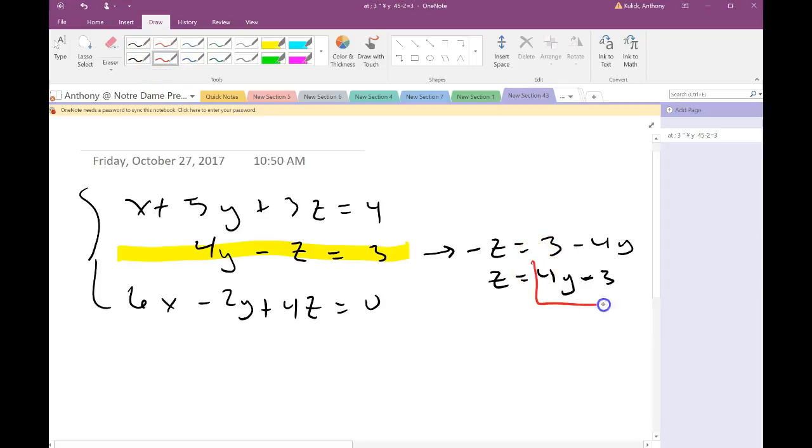So I'm going to use that expression for z and then plug it into the other two.